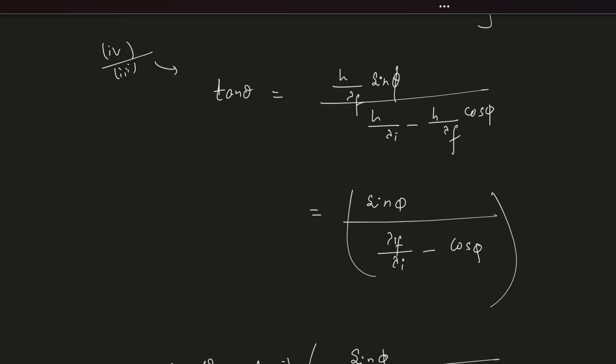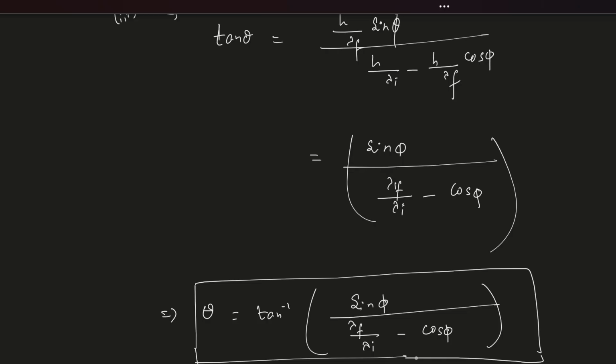For a quick solution it is better that you remember them, as it will save time. But otherwise this kind of approach will be helpful whenever you don't memorize the formula and you have to calculate. So this is the theta, right?